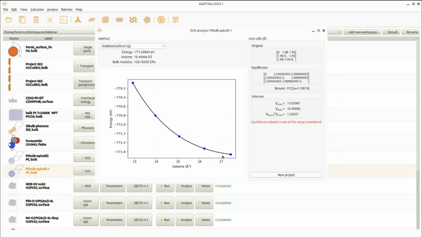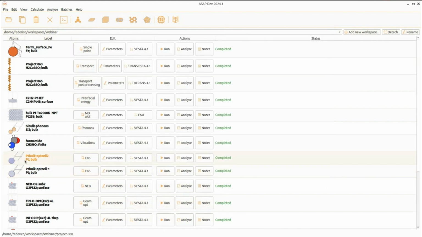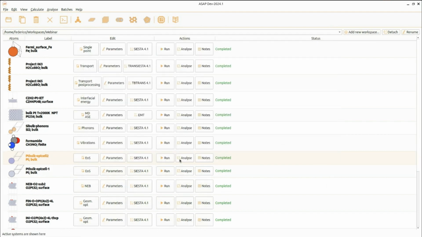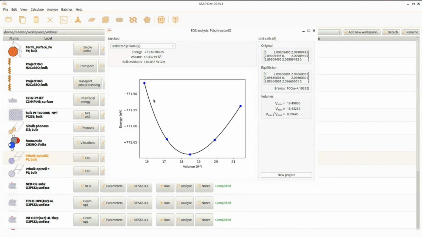As you see here, there is no minimum. So this calculation is not enough in order to extract the correct value for the optimized cell of your system. And this is done on purpose, because then we have another project in which we selected another region, basically another parameter for the lattice cell and another value of variation.